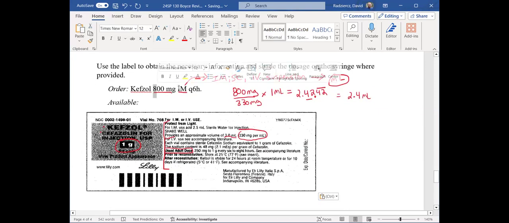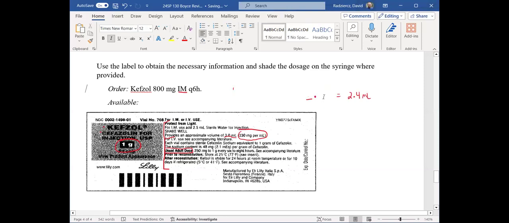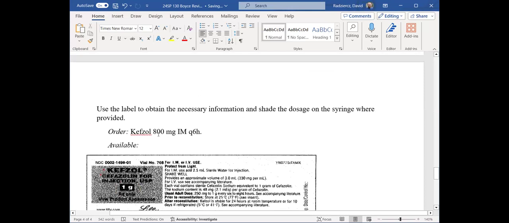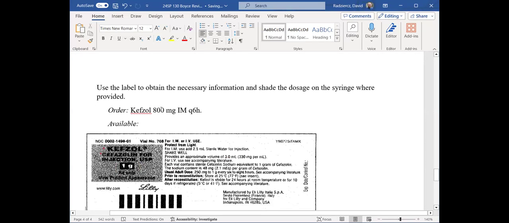So let me clear out some things here. All right, so I'm going to change this up and make this, let's just say, 375 milligrams.